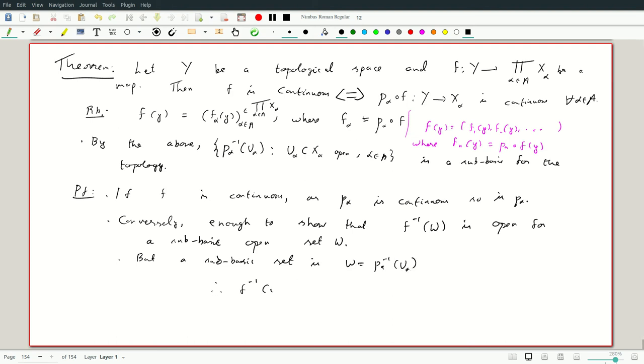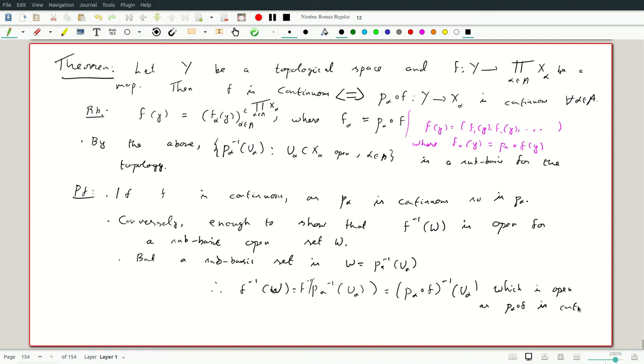Therefore, F inverse of W is F inverse of P alpha inverse of U alpha, which is, compositions flip, P alpha composed with F inverse of U alpha, which is open, because P alpha composed with F is continuous.